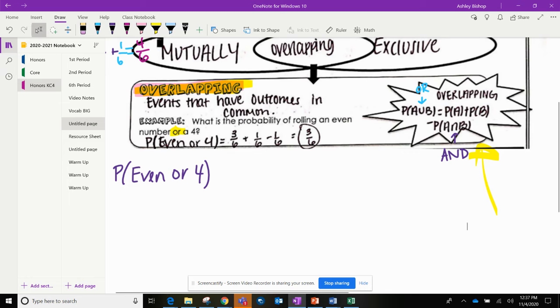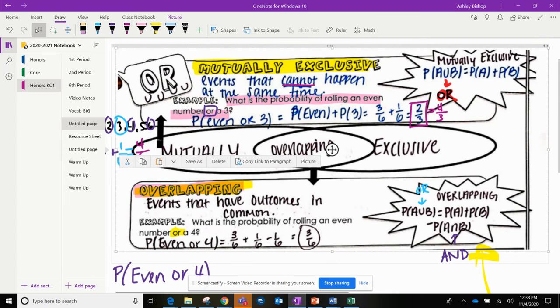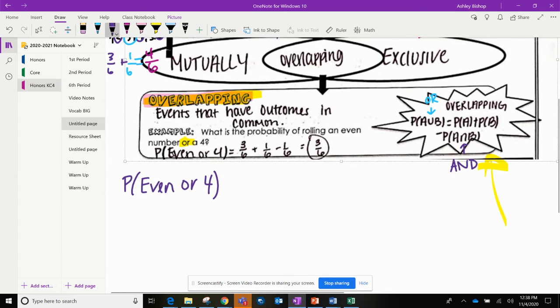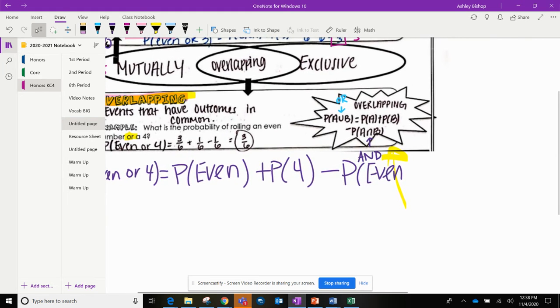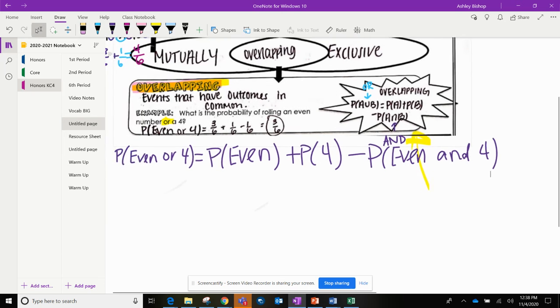The probability of even or 4 is going to be equal to the probability of getting an even plus the probability of getting a 4 minus the probability of getting an even and a 4. Alrighty, and now setting up the problem is the hardest part.